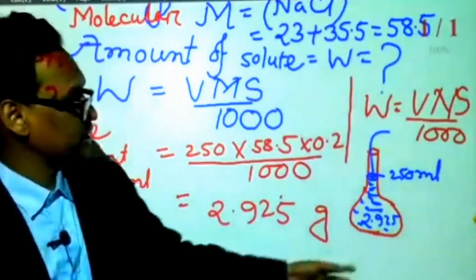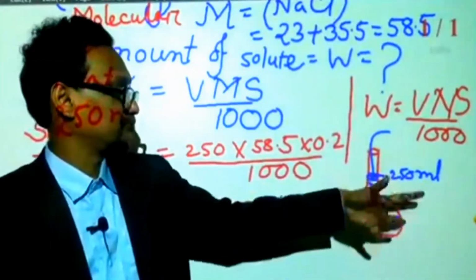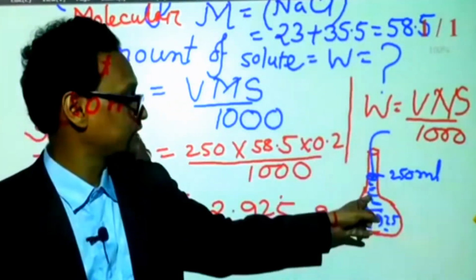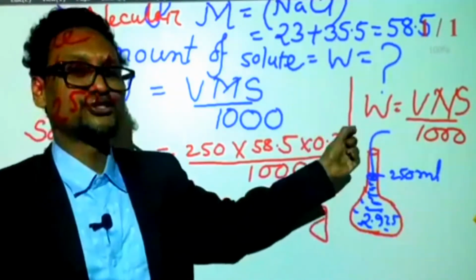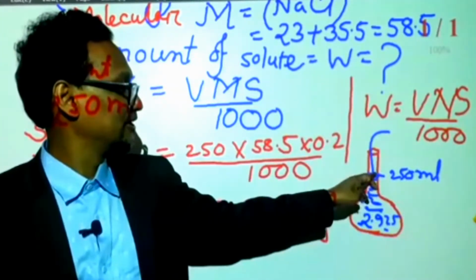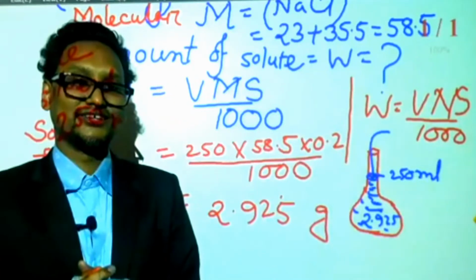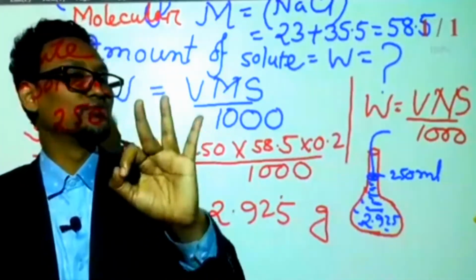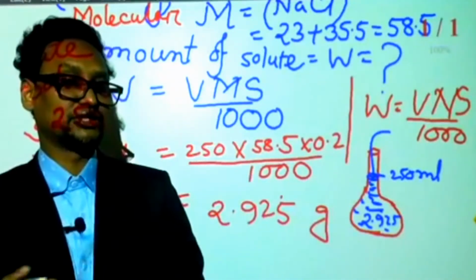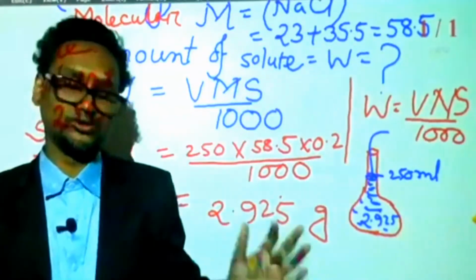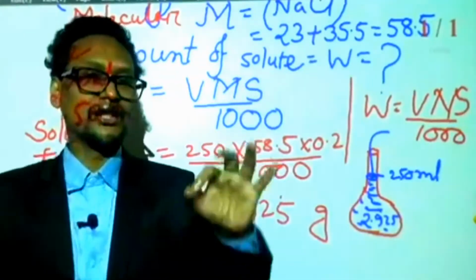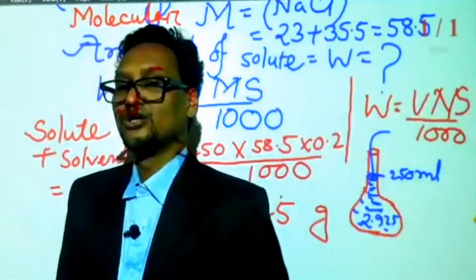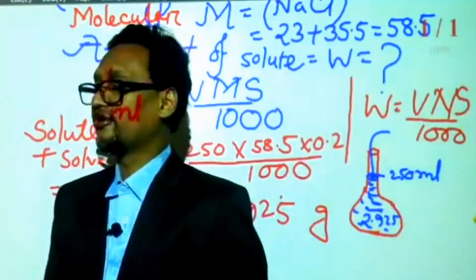At first we have to take the volumetric flask of 250 milliliter. Then we have to take 2.925 gram of sodium chloride, and we should pour water up to the level of 250 milliliter. It means the amount of solvent will be less than 250 milliliter, but the total solution, solute plus solvent, will be 250 milliliter. So a little correction for your textbook, where 250 milliliter water is given. No, this is not true.